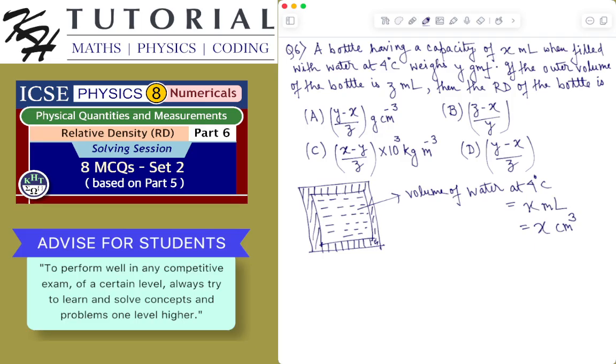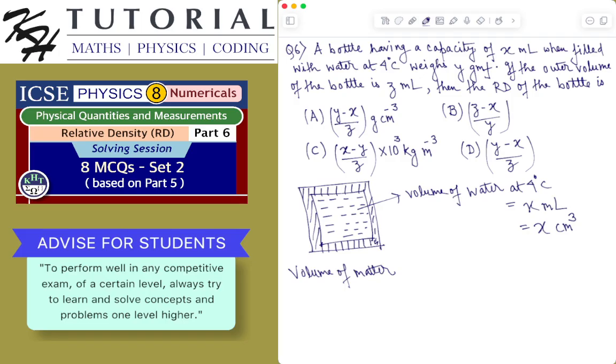So I can say, I hope you will understand, the volume of the bottle content, not the volume of matter, the content, that is the solid part of the bottle, not the inside, not the empty space, but the solid part of the bottle.